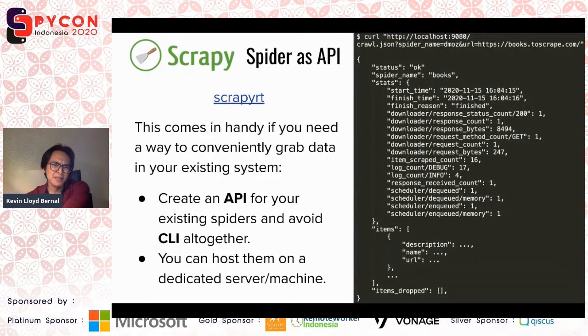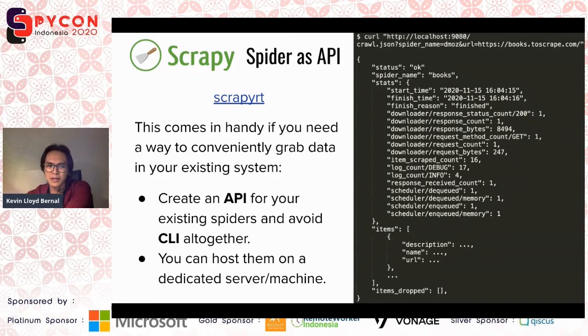The next one is Scrapy RT, which comes in handy if you just want to conveniently grab datasets into your existing system. So if you want to treat spiders as an API, you could use Scrapy RT here, and just avoid the CLI altogether.